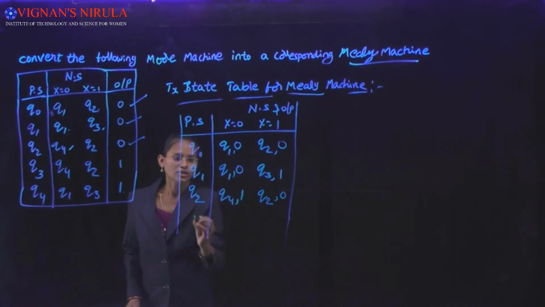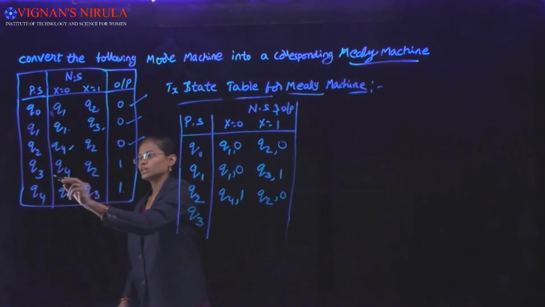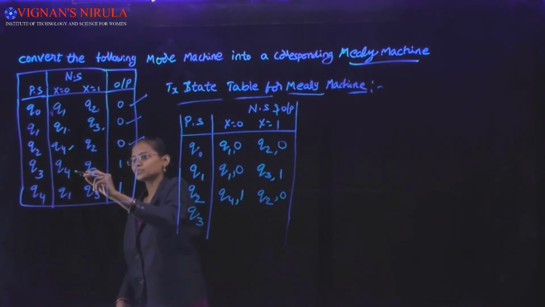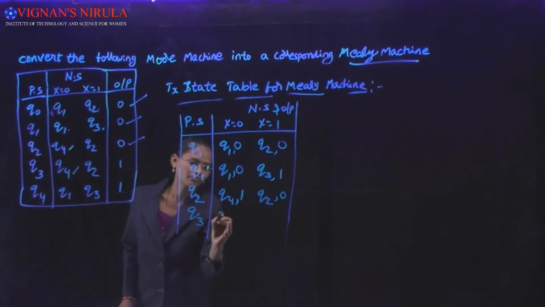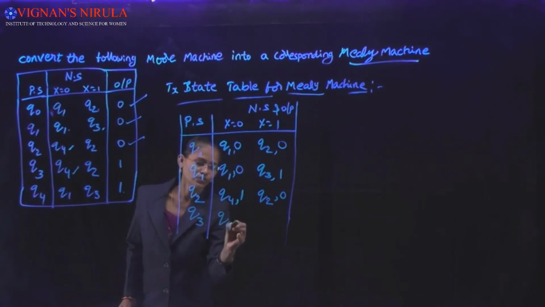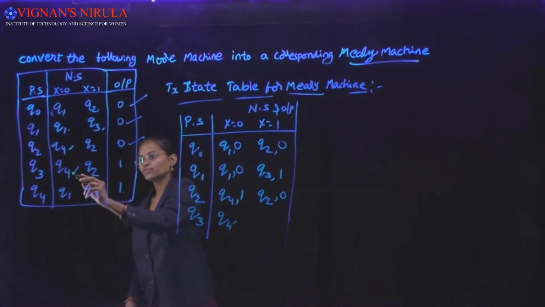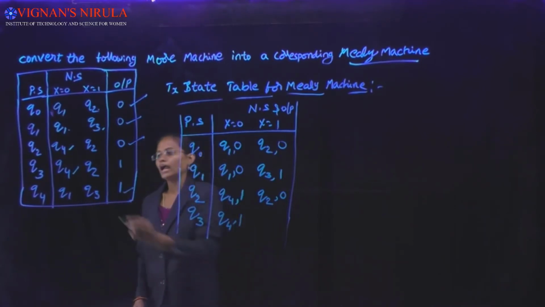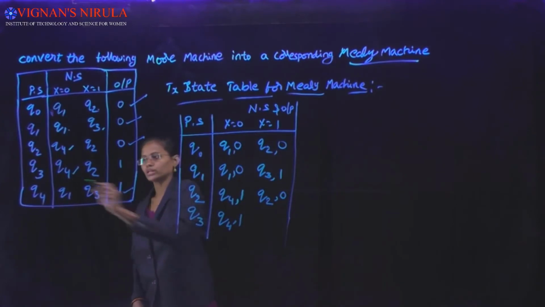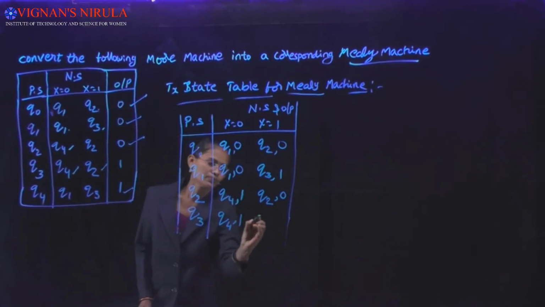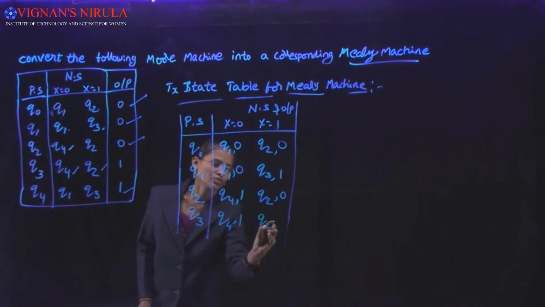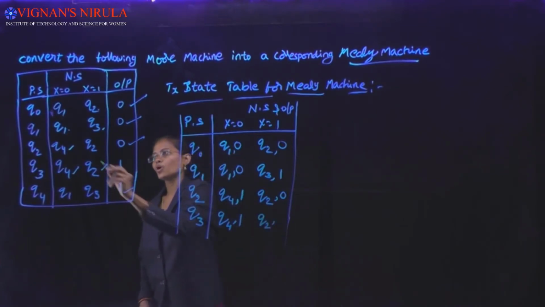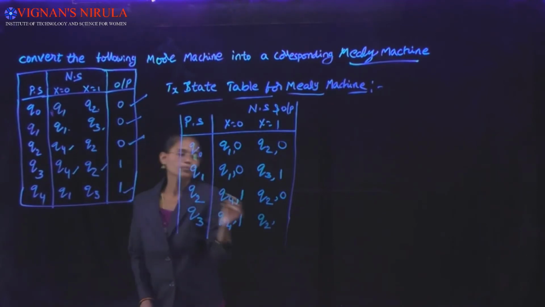And next, the present state is Q3. If x equal to 0, the next state produced is Q4, and the Q4 output is 1. And next, the present state is Q3. If x equal to 1, the next state produced is Q2, and the Q2 output is 0.